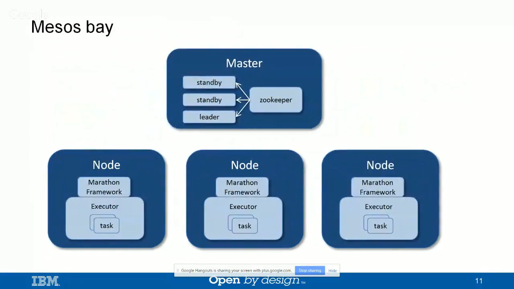Now, if we look at a Mesos bay, and you create a Mesos bay through Magnum, again you see a similar kind of structure where you have a master at the top and a number of nodes, the slaves, at the bottom.